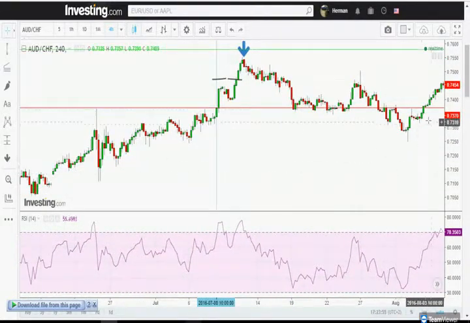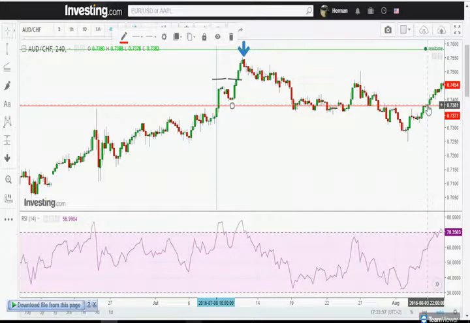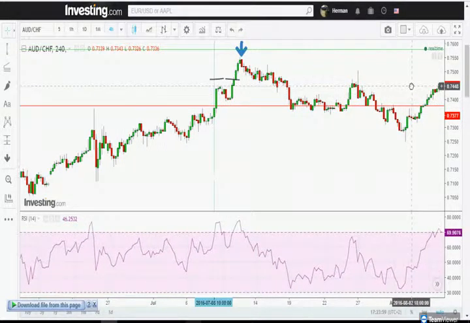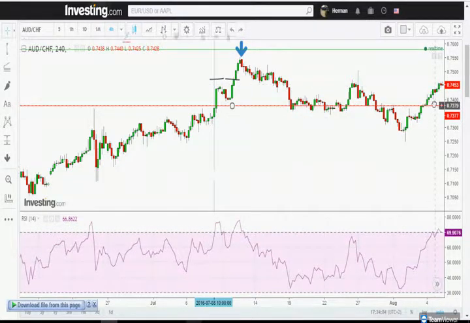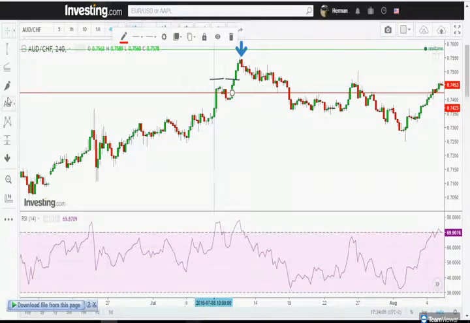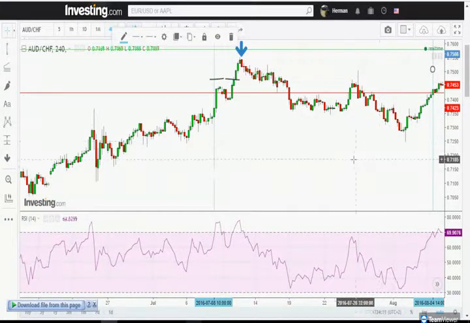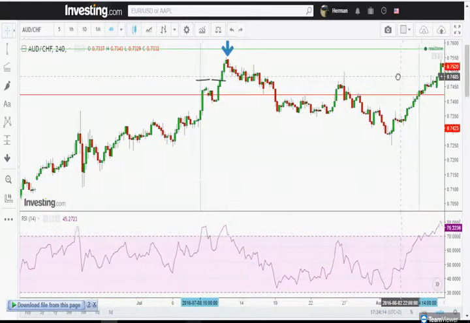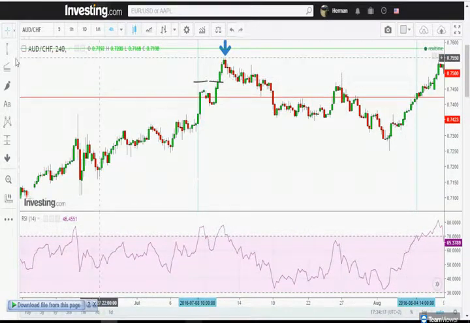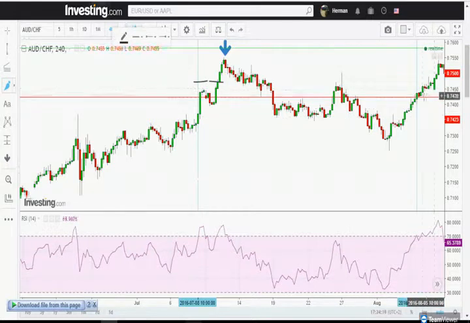No, there was no signal. Then there is a signal here. You see, you have another signal, because the RSI is at the 70 line here. So this is a sign that if the market goes above this point, we must place a trade. 100 pips above, we will place a sell.